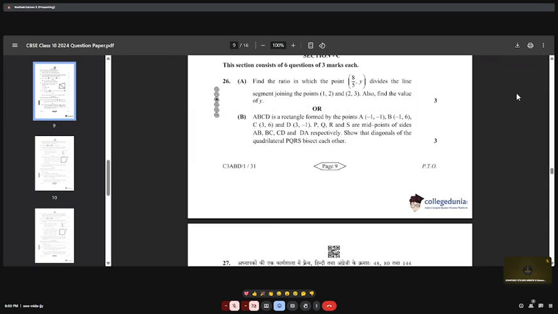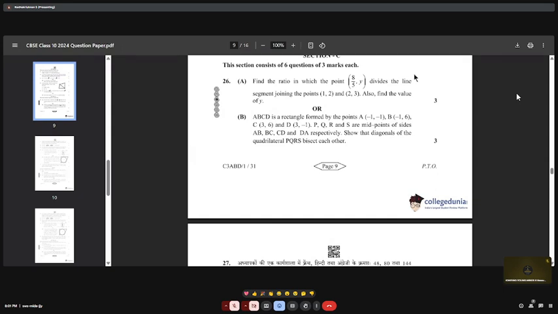Look at 26B now. ABCD is a rectangle formed by points A minus 1 comma minus 1, B minus 1 comma 6, C 3 comma 6, and D 3 comma minus 1. Please draw this diagram also, and then show that the diagonals of the quadrilateral PQRS bisect each other.